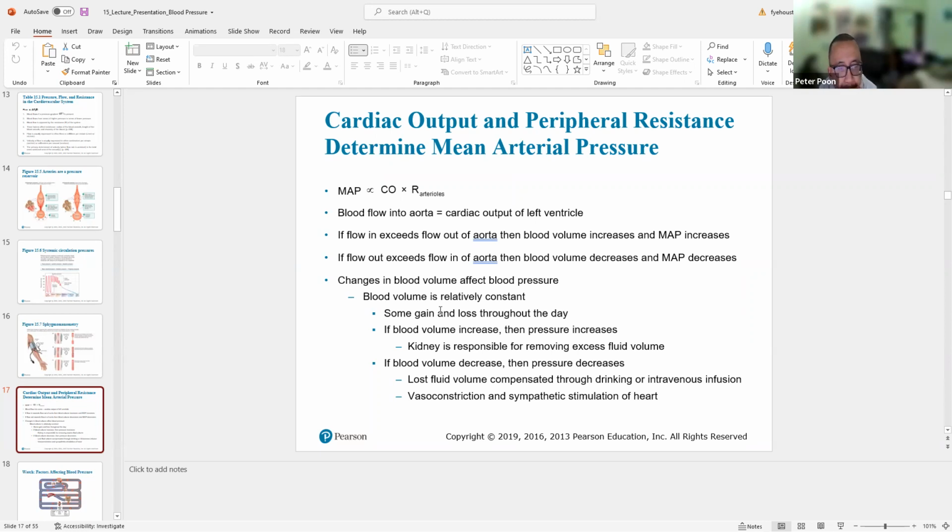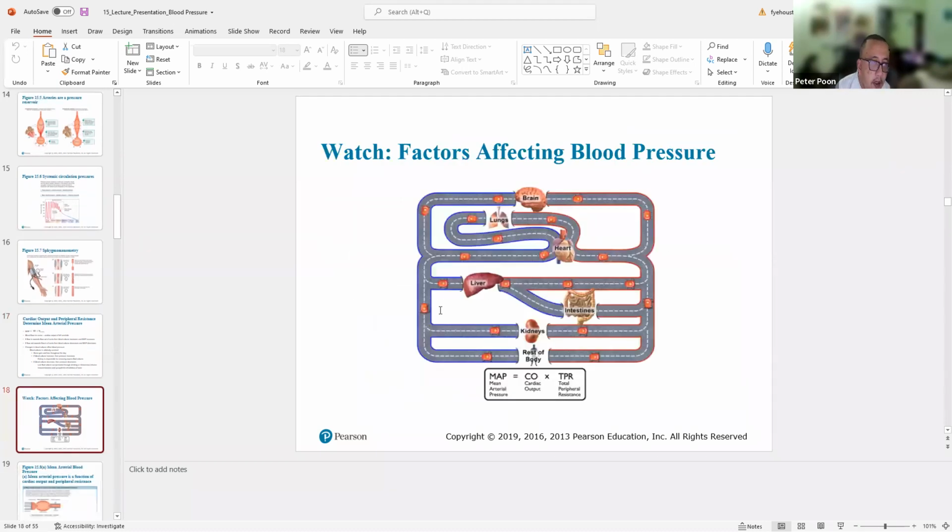So if blood volume decreases, the only way to replace volume is through drinking some way, either drinking or IV, right? My body can lose water easily. My body can't gain water easily without active intervention of some sort.